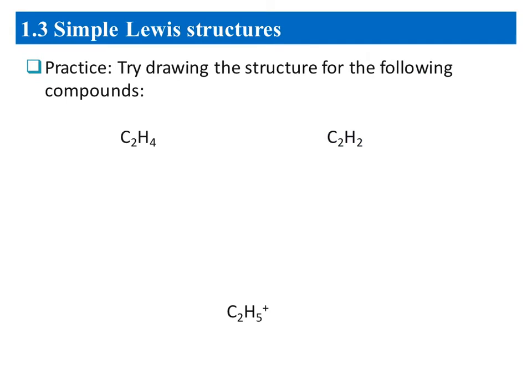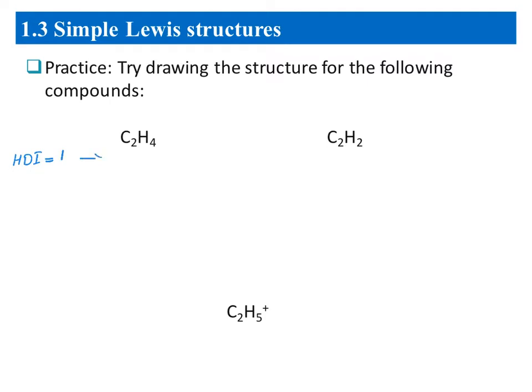A few practice problems here. We want to know how knowing HDI can be helpful while drawing Lewis structures. Especially when you have more than one carbon in a specific molecule, it is always nice to calculate HDI first. So if I calculate HDI for this molecule, it gives me the number 1.